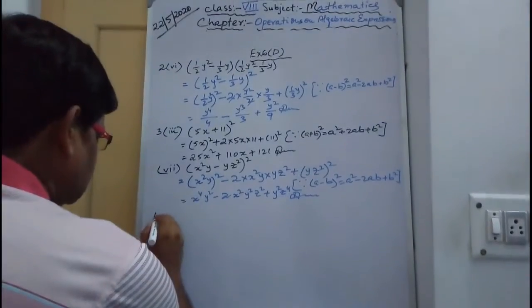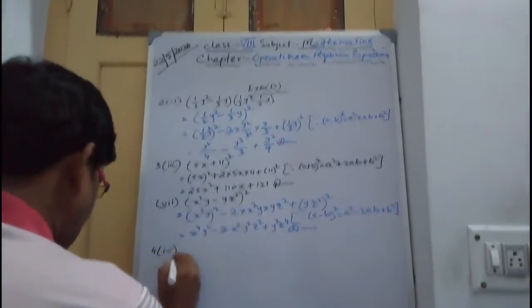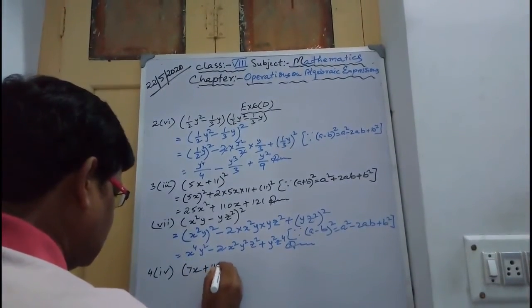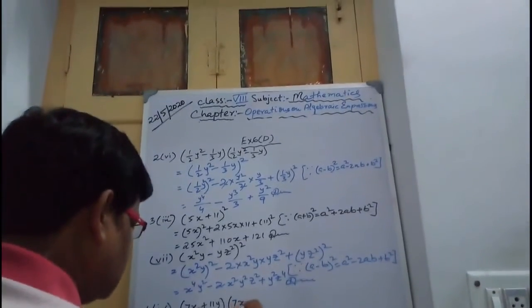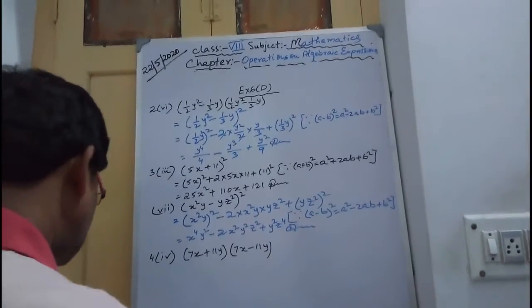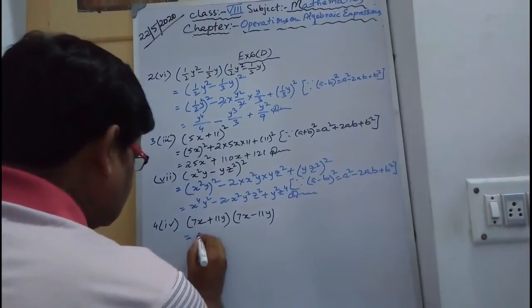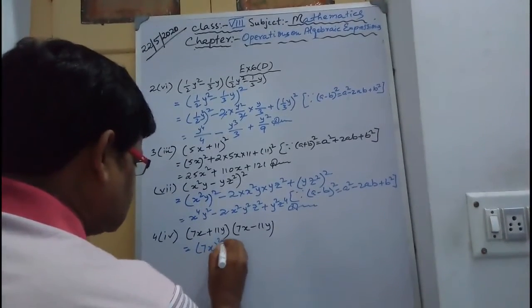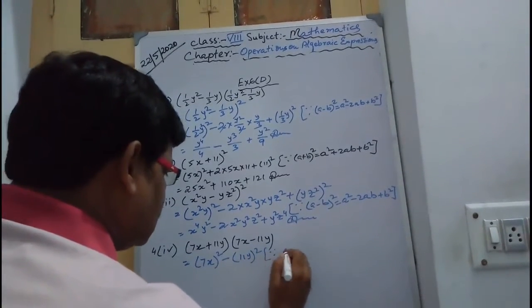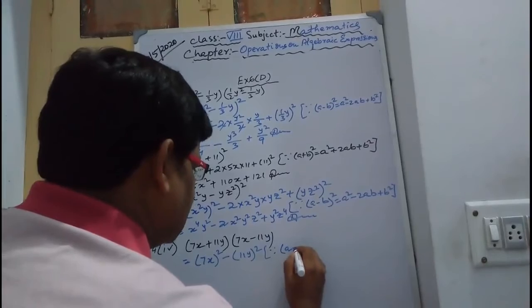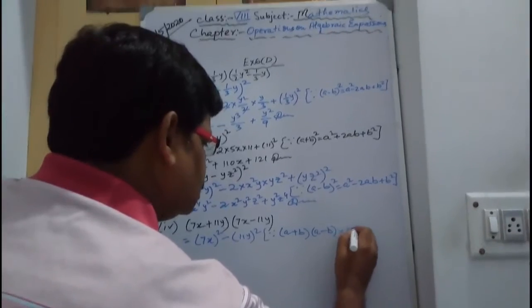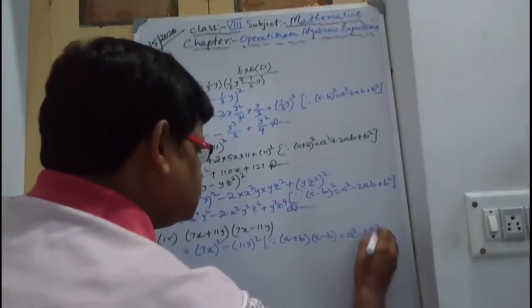Next, (7x + 11y)(7x − 11y), that is (a + b)(a − b) equal to a² − b².